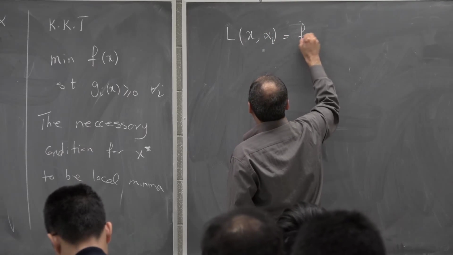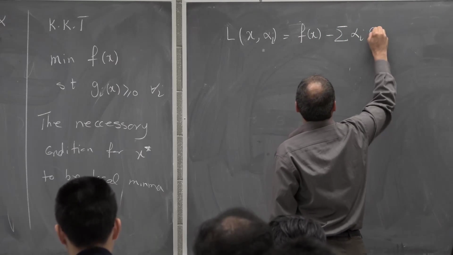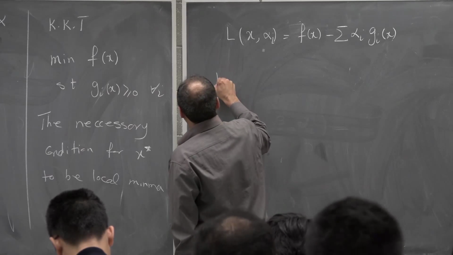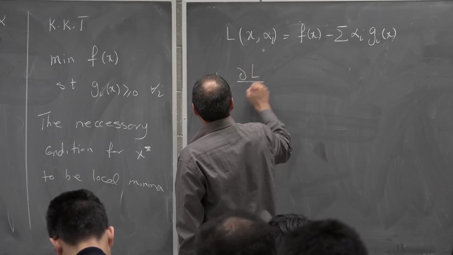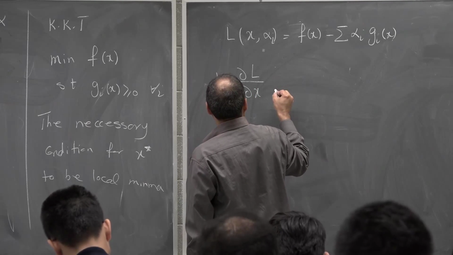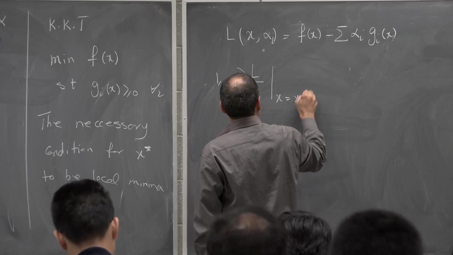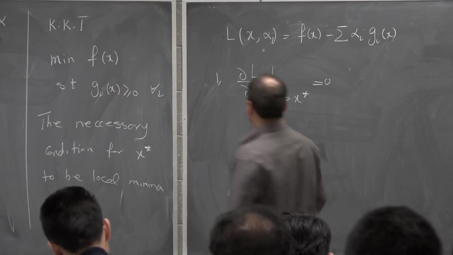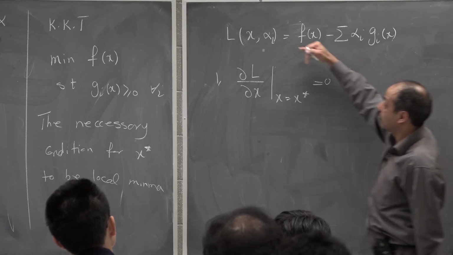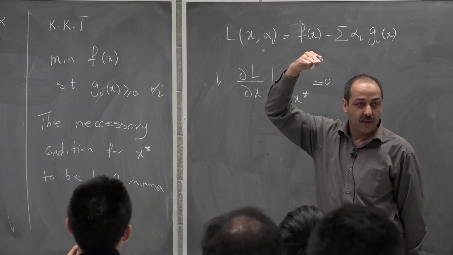Then it's f(x) minus sum of alpha_i g_i(x). That's my dual. So one condition is that the derivative of L with respect to x at x equal to x star should be 0.